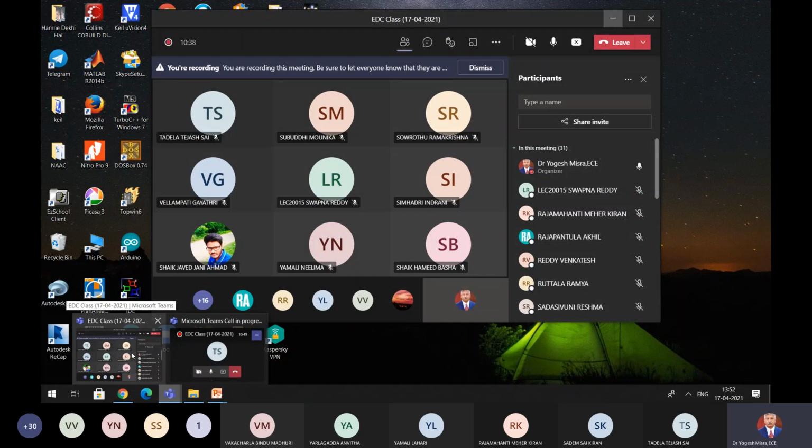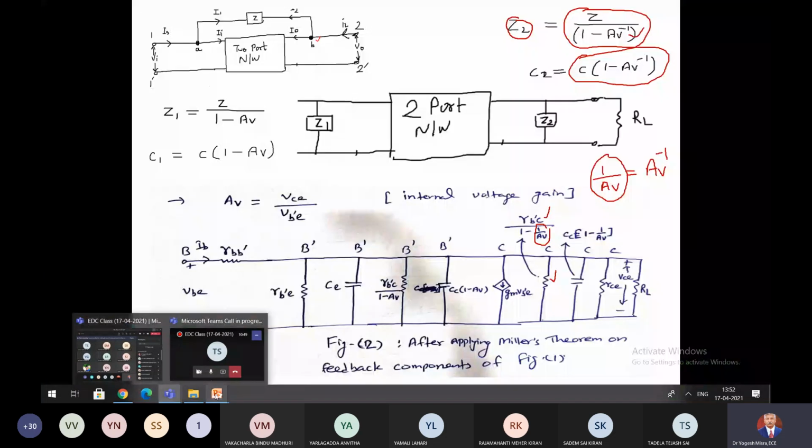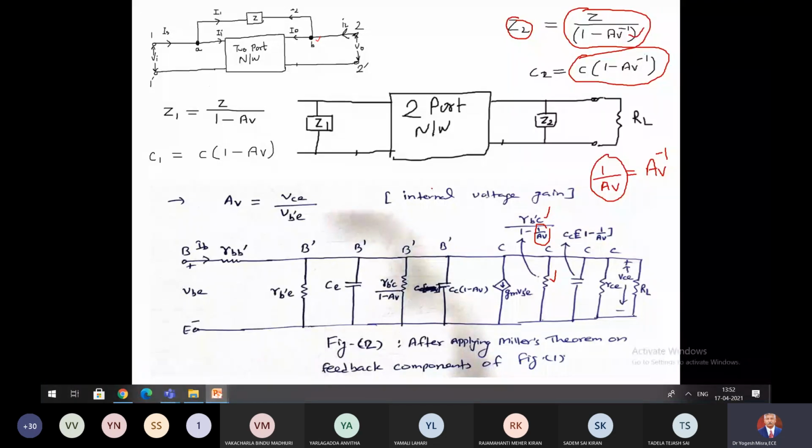Yes, any question? So you have not covered the cascade amplifier. A cascade amplifier is there. But there are too many topics, right?